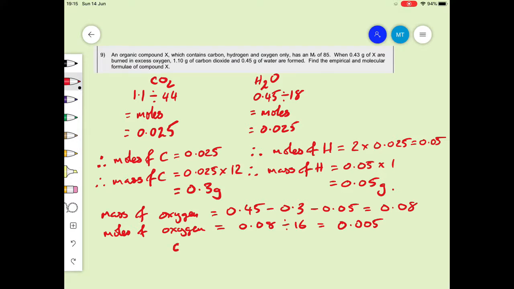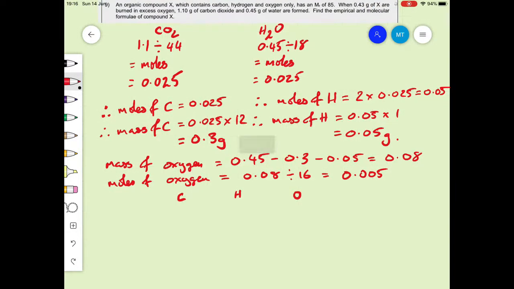Now you know the moles of carbon, the moles of hydrogen, and the moles of oxygen. So that's 0.025 for carbon, hydrogen is 0.05, and oxygen is 0.08 grams, which is 0.005 moles.